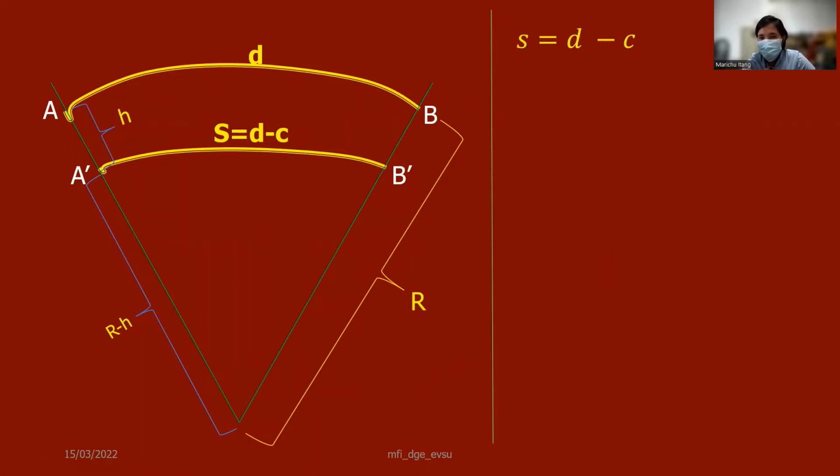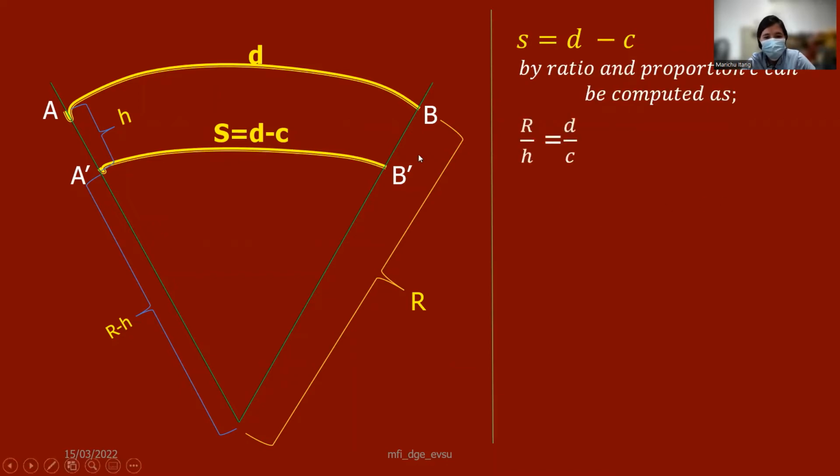So again, S equals D minus C. So we take the ratio and proportion between R. This is the whole R. Okay, so from here, B to the center is R, and the same goes with A to the center, and this is the R, the value of the radius.